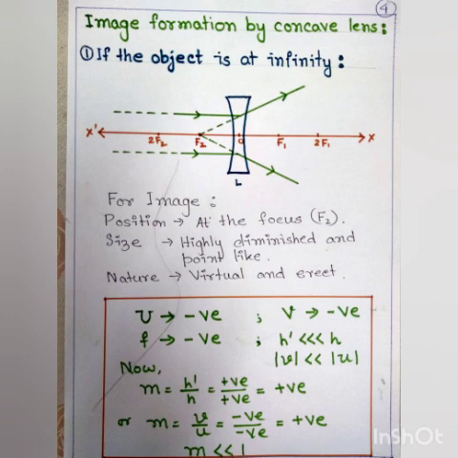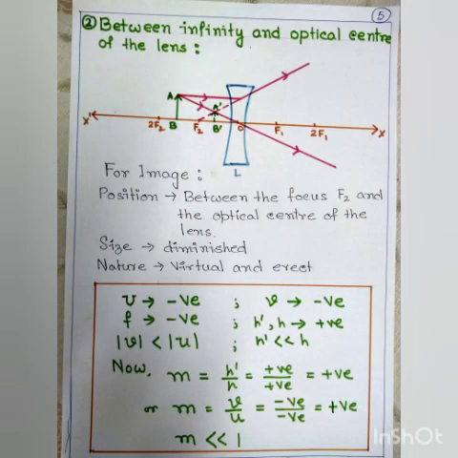So if magnification is given positive, then you have to check its value. If the magnification is less than 1, you have to decide that the lens is concave lens, and if the magnification with positive value is greater than 1, then the lens will be a convex lens.